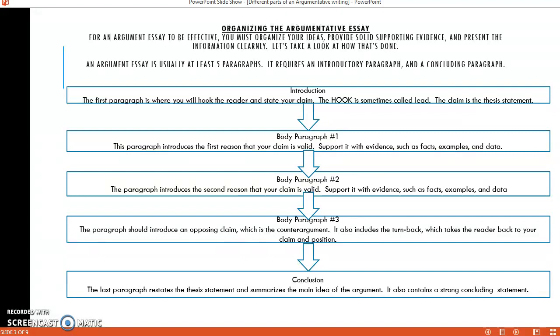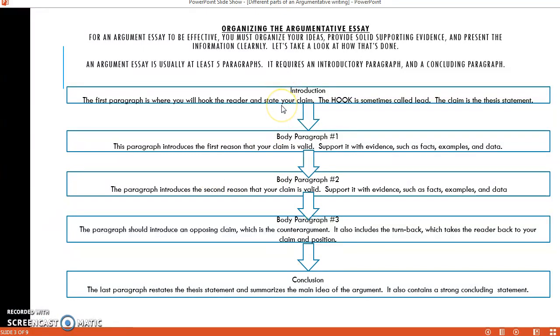Okay, it's important that you provide solid evidence, you present the information clearly, and you need to take a look at how it's done. So, an argumentative essay usually has 5 paragraphs. That's the minimum. So, really consider that when you're writing for your state test. It also requires an intro paragraph and a concluding paragraph. So let's go through what each of these paragraphs will have.